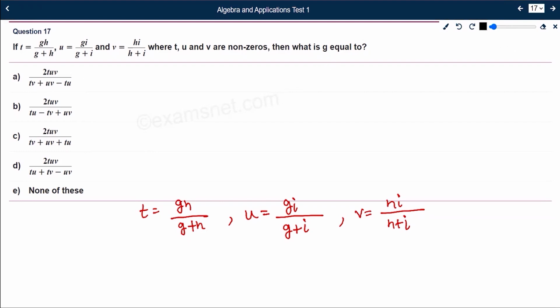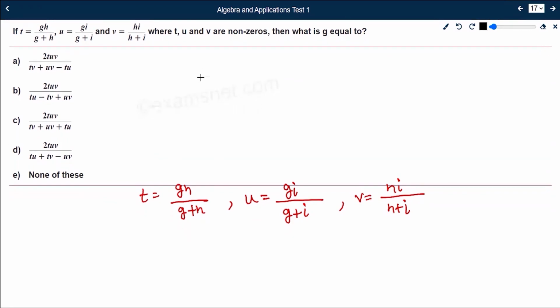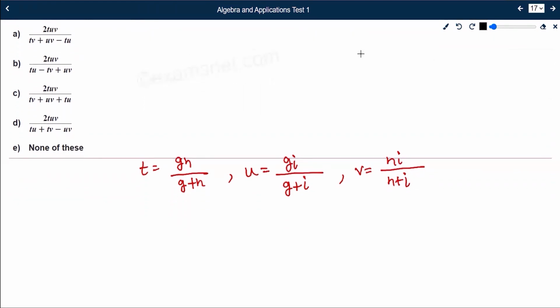Since I already know, I have started with the first option, option A. Let me show you. 2t uv by tv plus uv minus tu. I will put all the values of t, u, v in this expression.